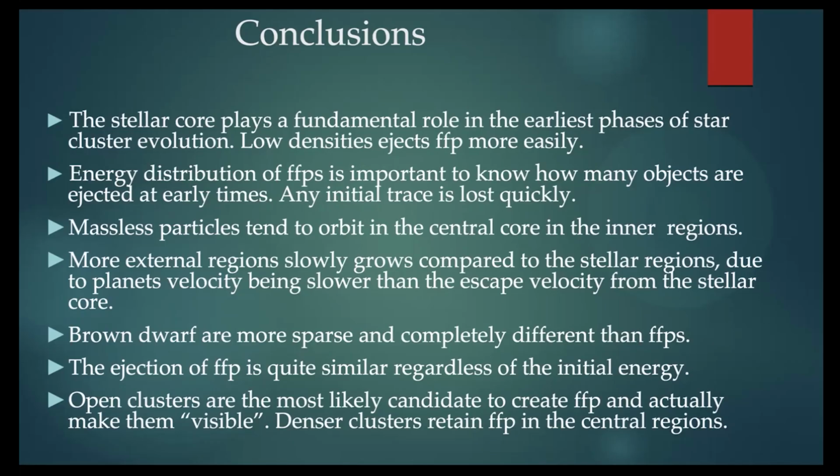What I meant here is that the high percentage of free-floating planets depends on the energy distribution. You can see that in open clusters this is always true. But once this initial ejection is done, most of the rest of the free-floating planets are inside the core, and it is very difficult for them to be ejected unless you reach the disruption timescale of the cluster, which is later on.